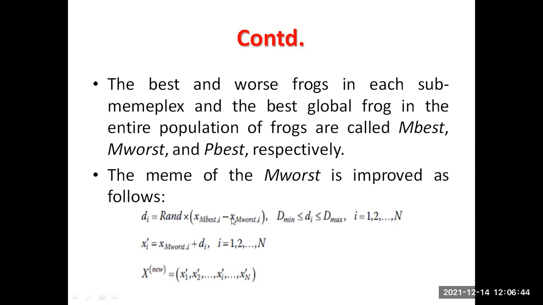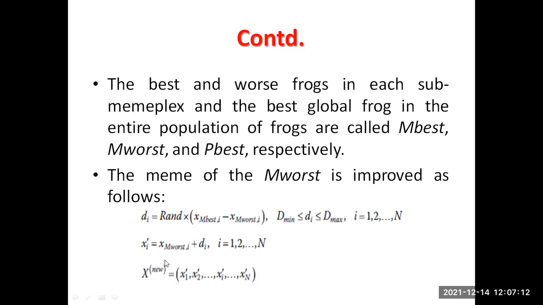Basically, the worst one calculates the distance from the best one, and then it adds this information to its own information. So the gap with the colony best within its own colony is calculated, and the update takes place with its own performance, that is the xm worst.